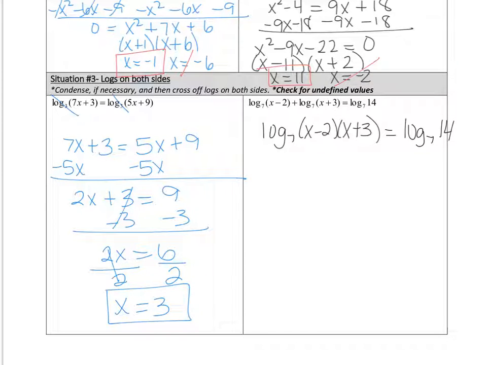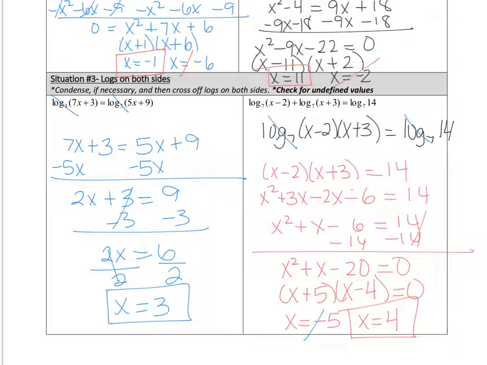So now that I have one log on one side here and one log on the other side, I can cross them both off just like a common base, and I'm left with x minus 2 times x plus 3 equals 14. And now, again, just some algebra to solve. So solve it and check your answers and hit resume when you're finished.